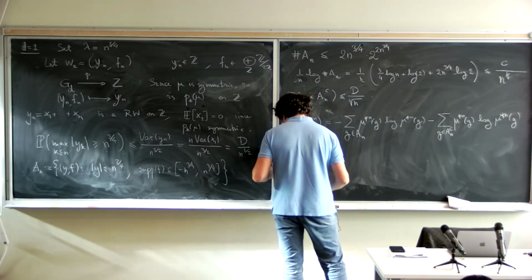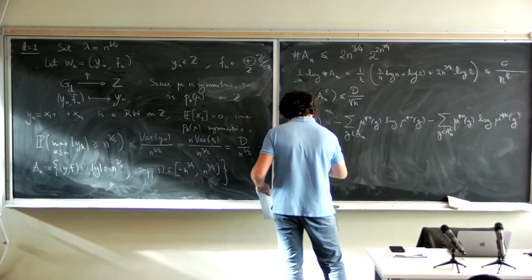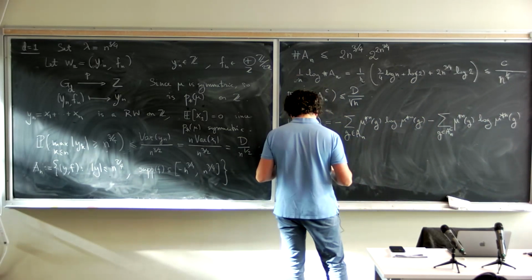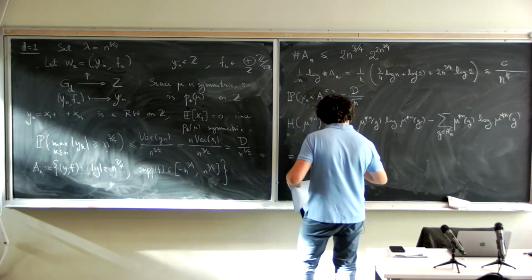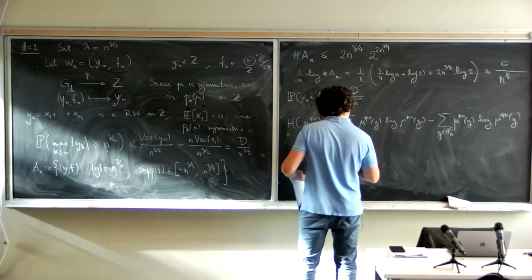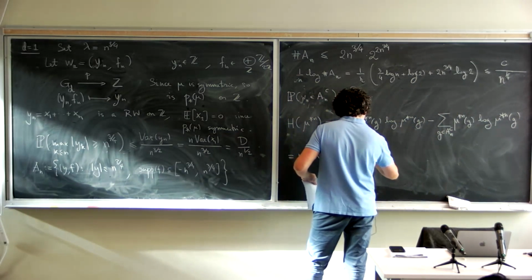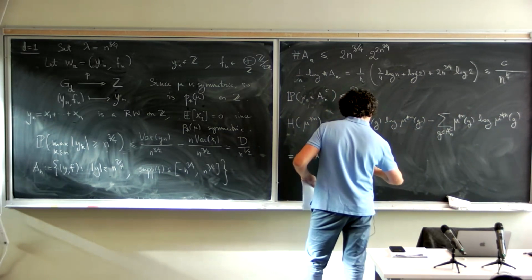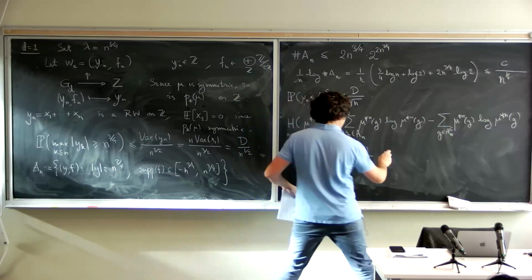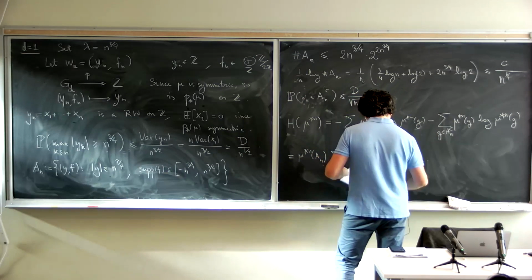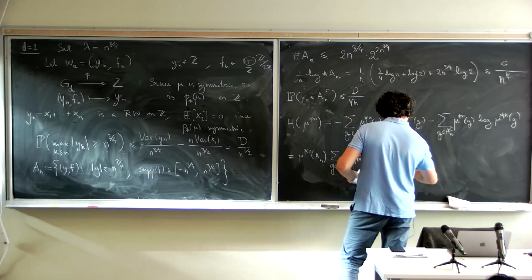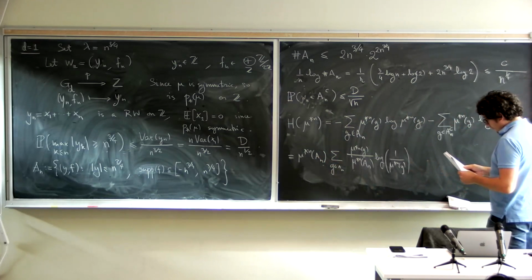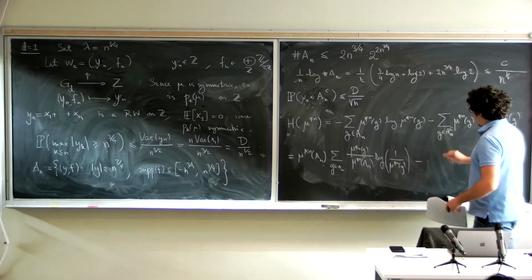So this is mu star n of A_n times the sum over g in A_n of mu star n (g) divided by mu star n (A_n), times log of 1 over mu star n (g), like that. And then minus this other thing.